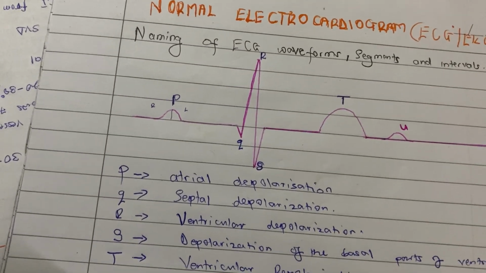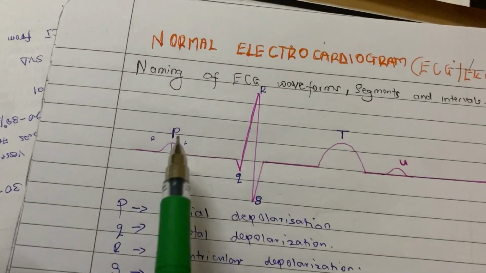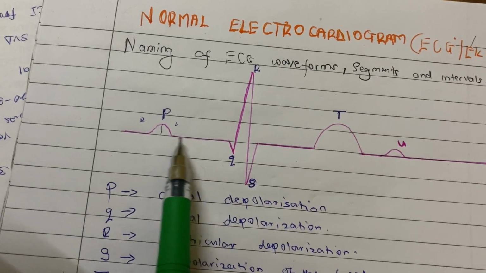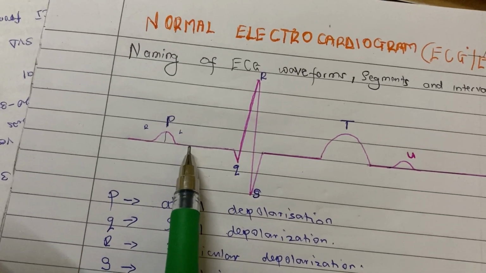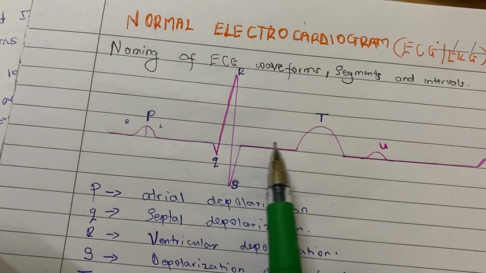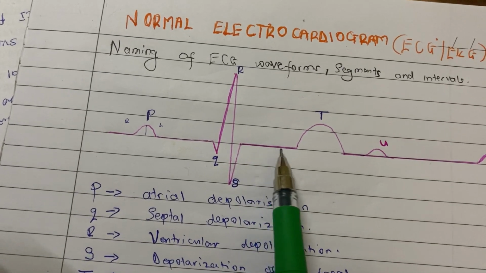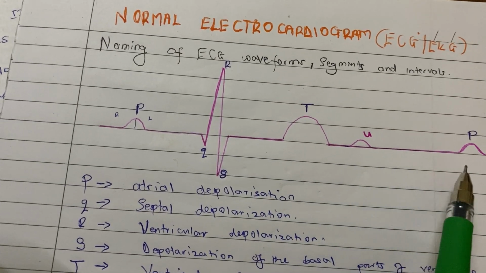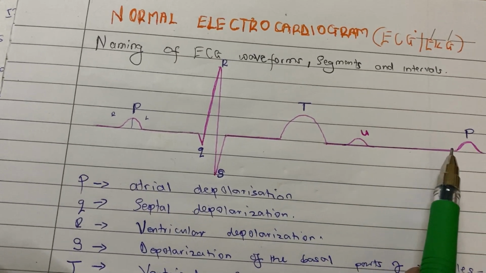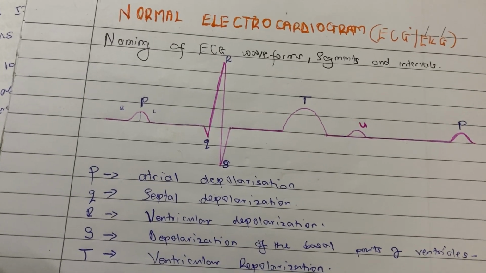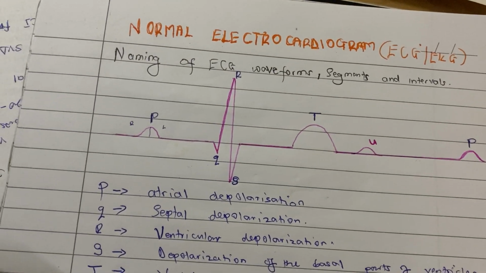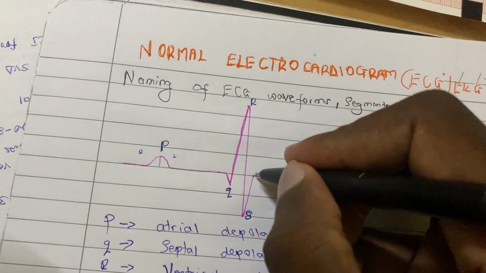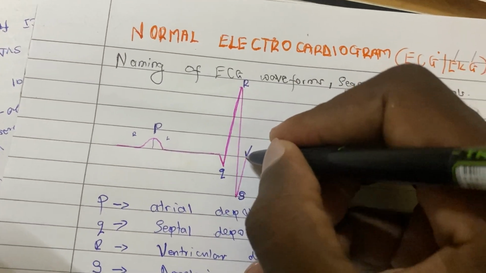For example, between P and Q we have an isoelectric line, so that is a segment. Between S and T we have an isoelectric line, that is a segment. And also between T and P, or between U and P, an isoelectric line is a segment.